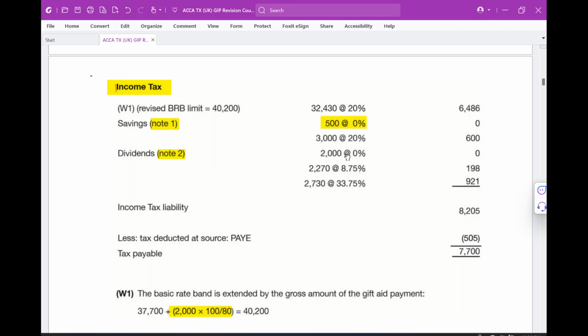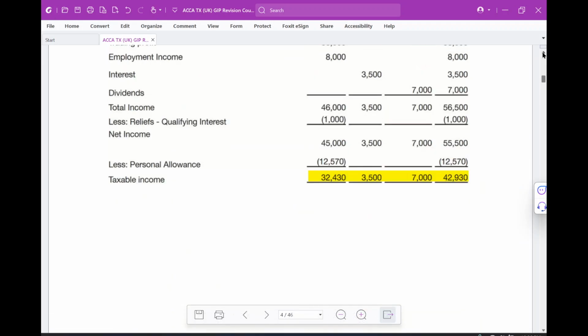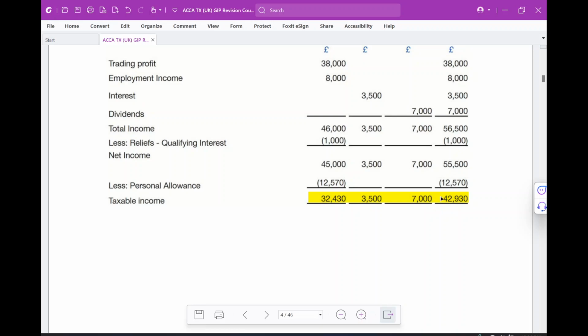So we have 2,000 at 0% giving 0. Outside of that, we know from the computation above that there is more income over and above 2,000. We've got an extra 5,000 worth of dividend income. So looking at this computation, I know that 2,000 is going to be at 0, and I'm wondering how the balance of 5,000 will be taxed.